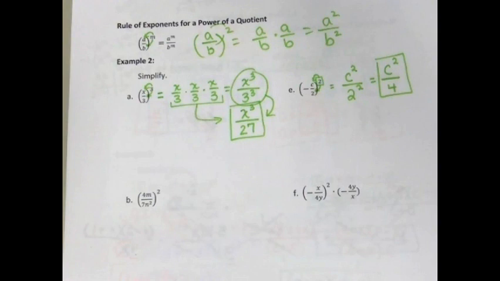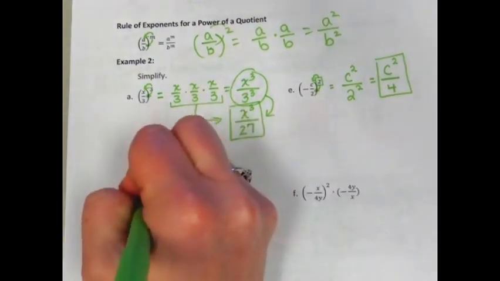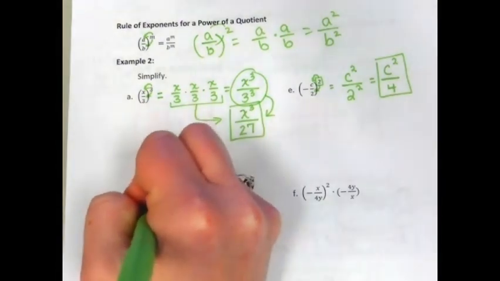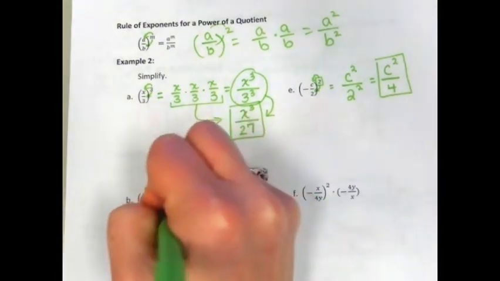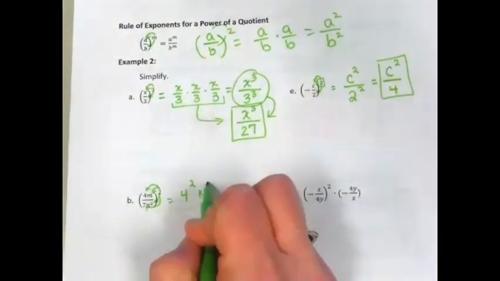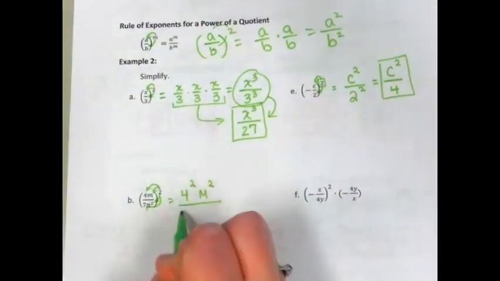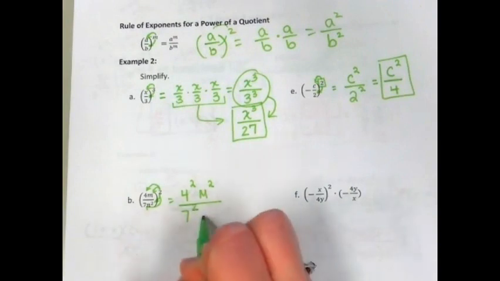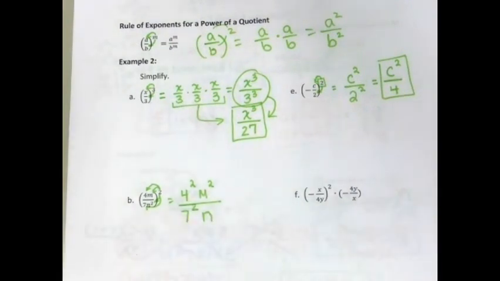Now, looking at B, do you guys want to do the shortcut or the writing it out? Shortcut? Okay. So we're going to raise everything to this exponent. So we're going to have 4 to the second power, m to the second power, over 7 to the second power, n to the what power?